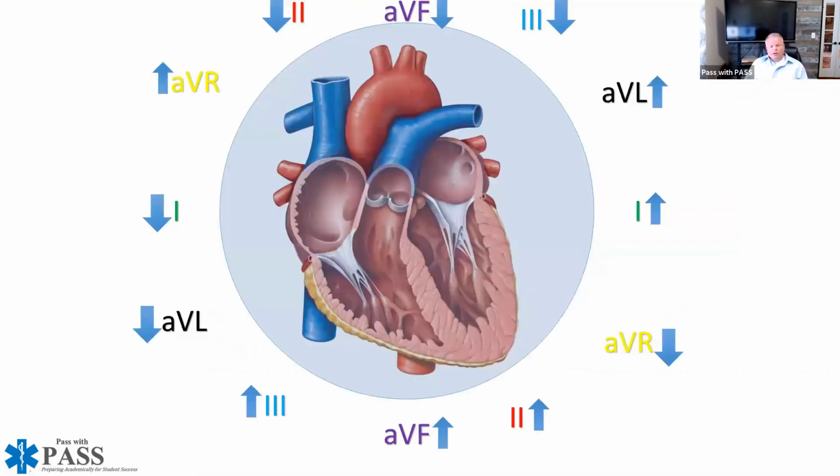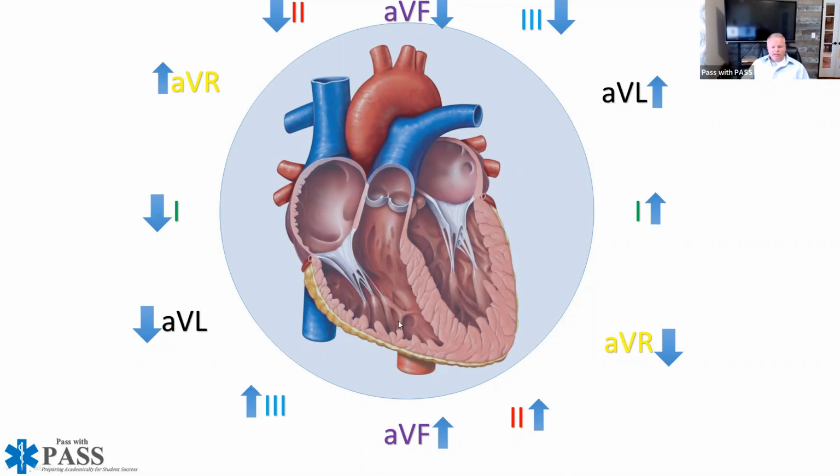All right. So then when we look at axis deviation, we're looking at a bunch of different things. This is kind of a busy slide, if you will, but we'll start populating some things in here. I do want to point out one thing. If we were just to quadrant this off into 4 pieces of the pie, then my horizontal line would be lead 1 and my vertical line would be AVF.